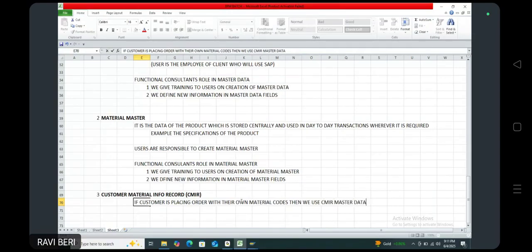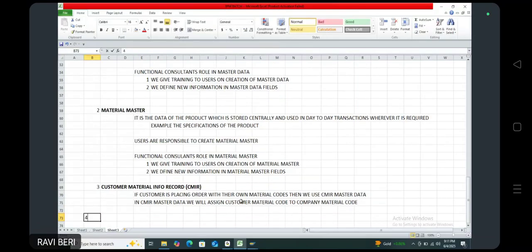So in CMIR master data, we will assign the customer material code to the company material code. So this is about CMIR.